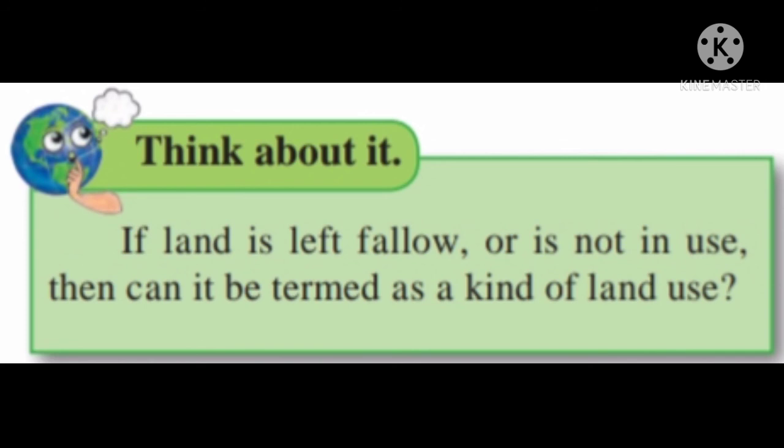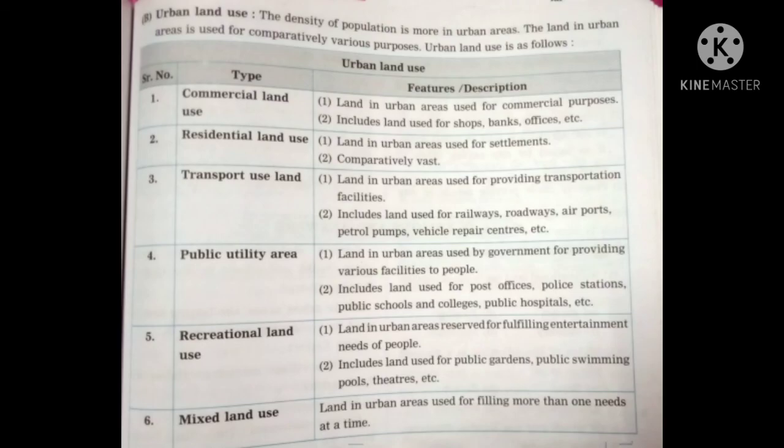To increase the fertility of soil, farmers do not use a part of agricultural land for a few seasons. After 1 or 2 seasons, fallow land is again utilized for cultivation. Therefore, if land is left fallow or is not in use, then it can be termed as a kind of land use.